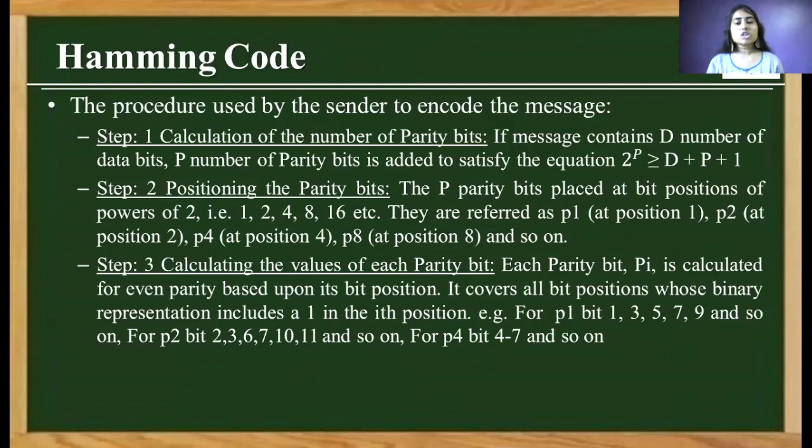It covers all bit positions whose binary representation includes 1 in the ith position. That means for P1 we check bit positions 1, 3, 5, 7, 9, and for P2 we check 2, 3, 6, 7, 10, 11 because these positions have a 1 in that location.